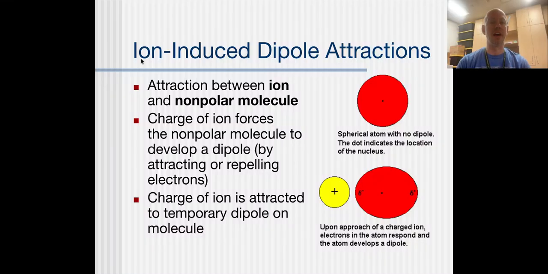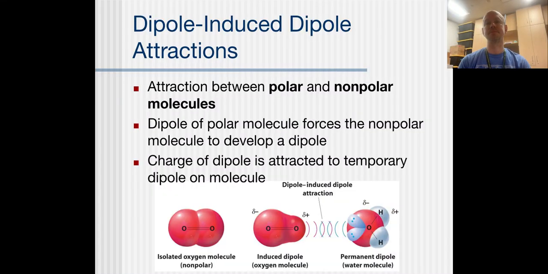It is called ion, because we have ionic, to induced dipole. And induced dipole is another phrase or idea related to London dispersion forces: a temporary, weak polarity caused by that motion of electrons.